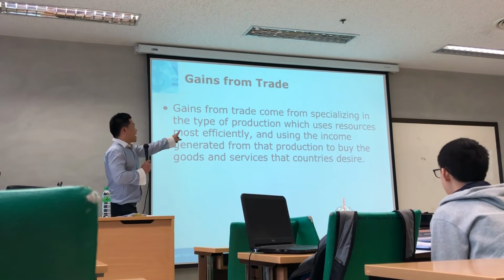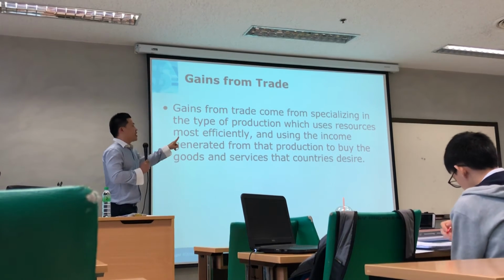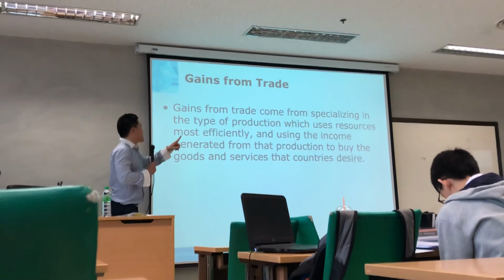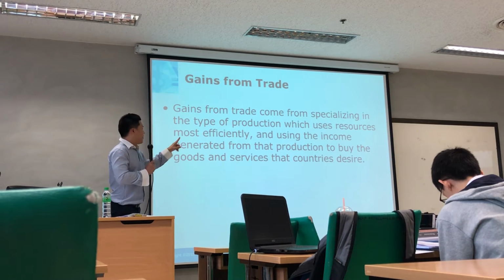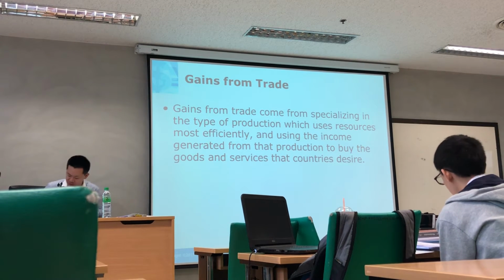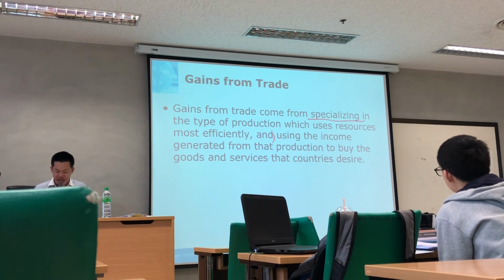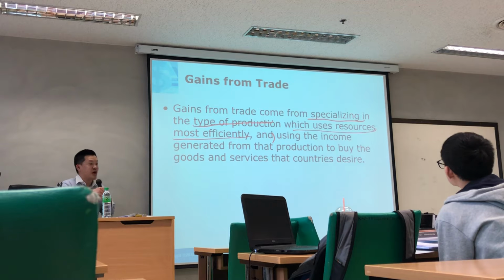Gains from trade come from specializing in the type of production which uses resources most efficiently, right? What does it mean?